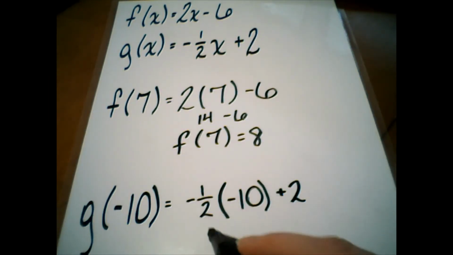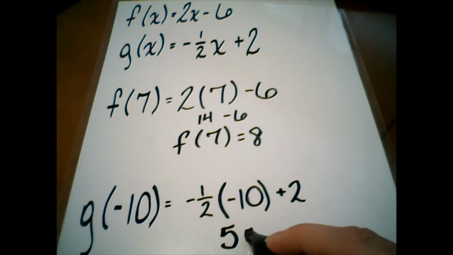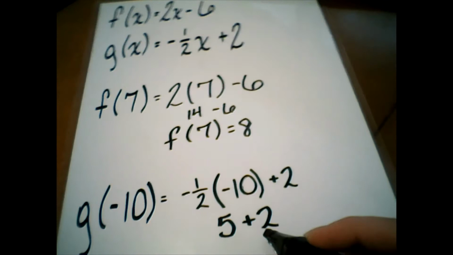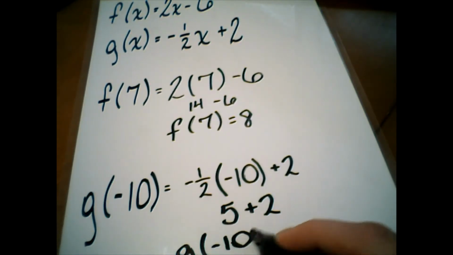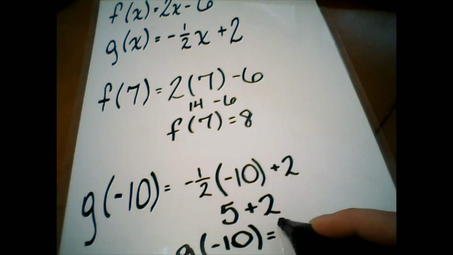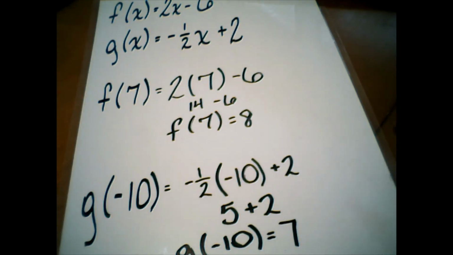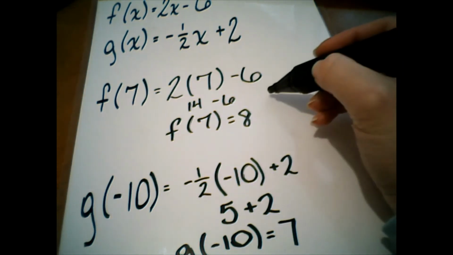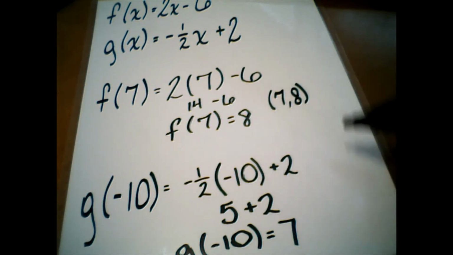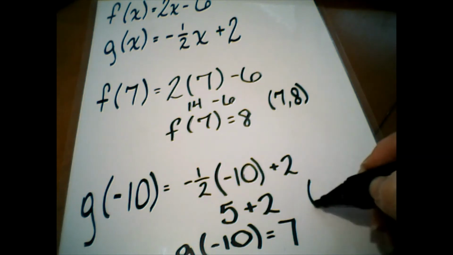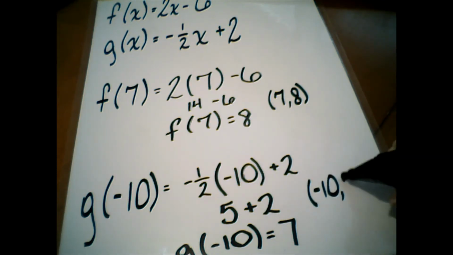Half of 10 is 5, negative times a negative is a positive, so we have 5 plus 2, and we can say that g of negative 10 is 7. And this just gives us our input and output all in one spot. This point for function f would be 7, 8. This point in function g would be negative 10, 7.